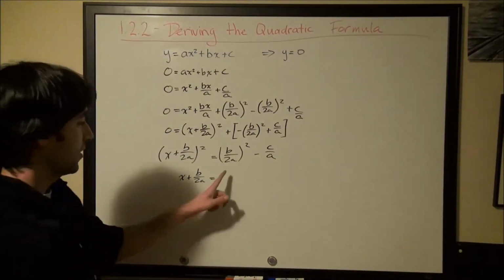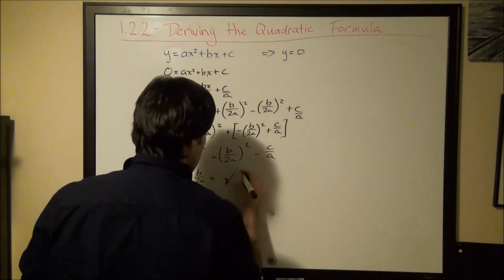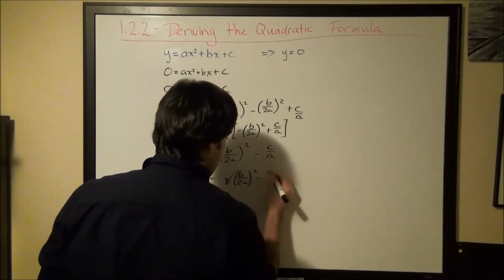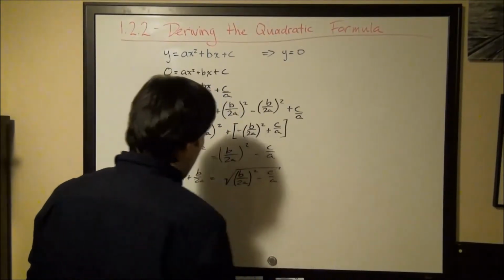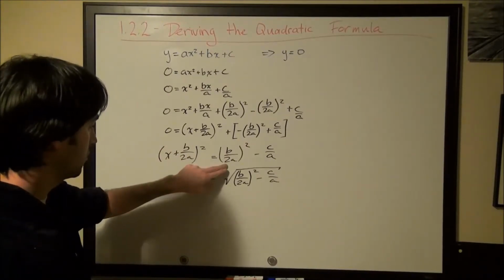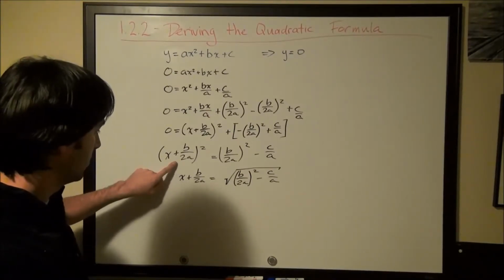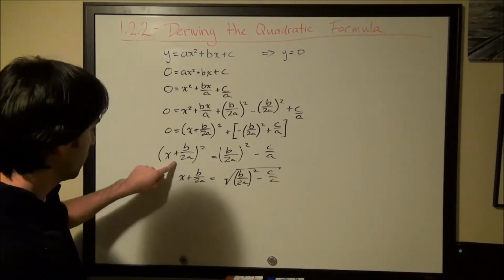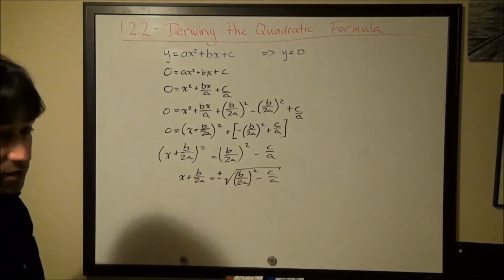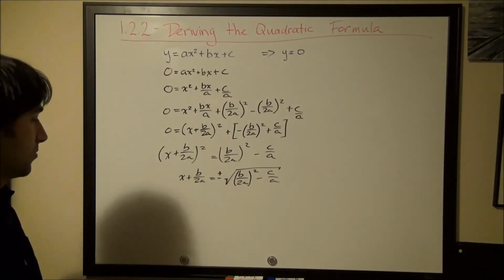Now, an interesting thing is that, first of all, this whole thing has to be underneath our square root sign. And the other thing is that if this is squared, we'll get that. But if the minus of this is squared, we'll get the same thing. So we have to add plus or minus. This will ultimately give us two solutions from our quadratic formula, or in general, two possible roots to the parabola.